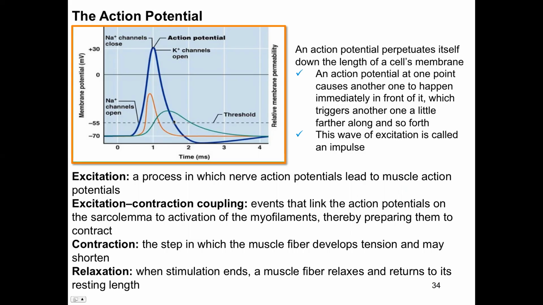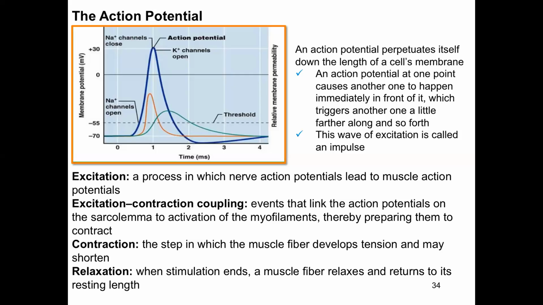All right, so now let's go through some terms here. Excitation is the process by which the nerve action potential leads to a muscle action potential. Excitation-contraction coupling refers to how we link that action potential to what's happening in the sarcomere, so the activation of the myofilaments, allowing them to contract.